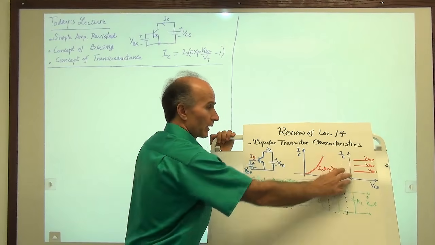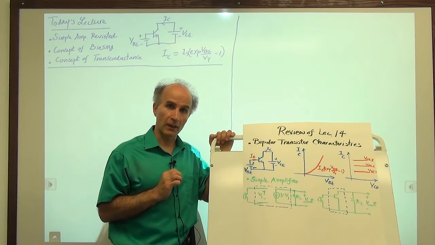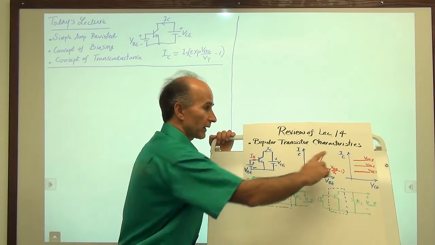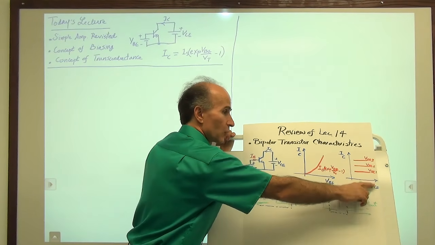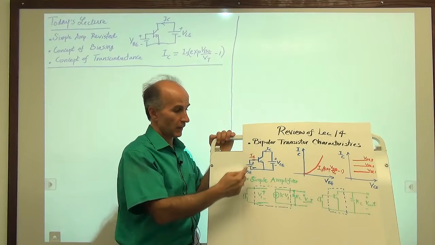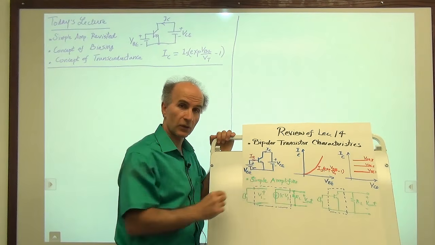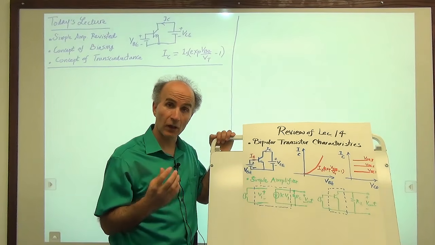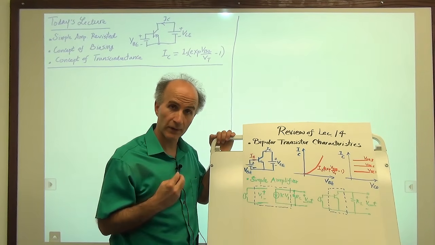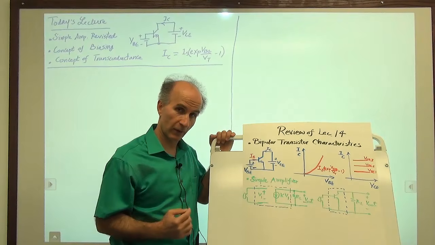So this plot gives us a lot of interesting information. It says that the current does not change with the voltage. The current drawn by this transistor does not change with this voltage. And that's an indication of a current source, an ideal current source, the way we saw it in basic circuit theory.